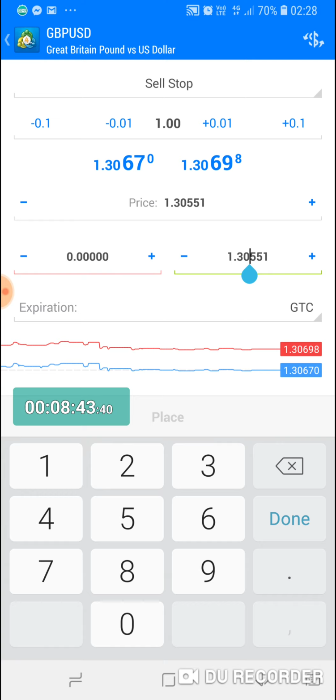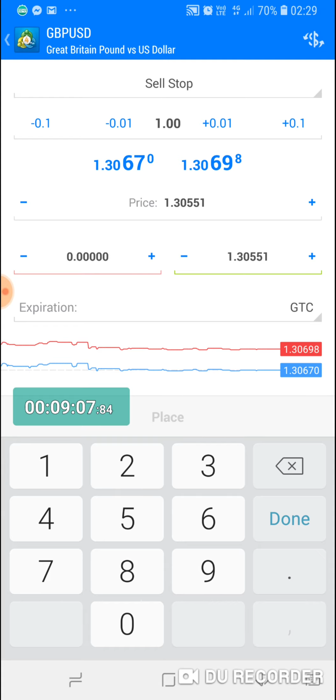Second step, because now this is a normal event which we are making an example with, the take profit is about 200 points. Now in this case, we are going to say 30,551 plus 200 points.